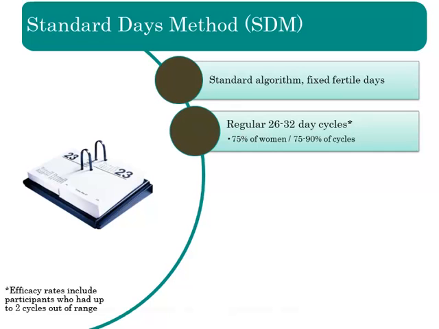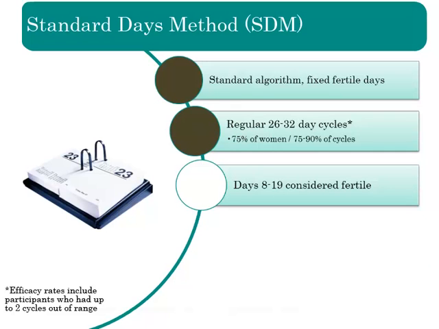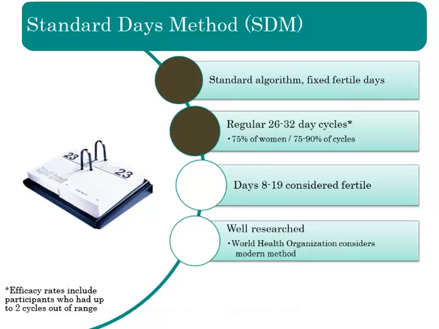The Standard Days Method identifies days 8 to 19 as the 12 fertile days in the cycle. This period starts early enough for women with short cycles and extends long enough for those with long cycles. The World Health Organization considers the SDM a modern natural method of family planning because it's based on sound understanding of reproductive biology, follows a precise protocol for correct use, and has been tested in appropriately designed studies.